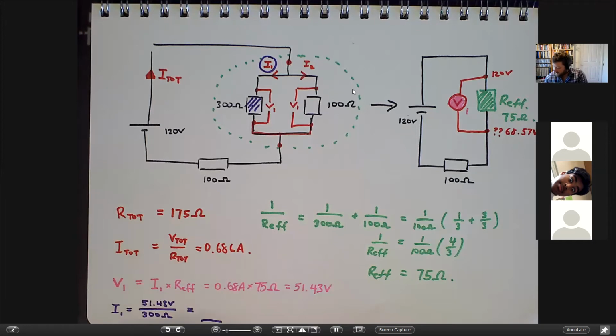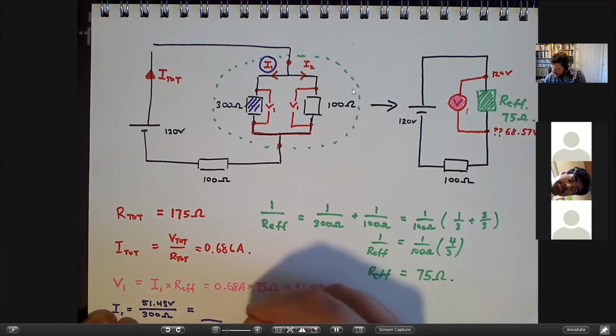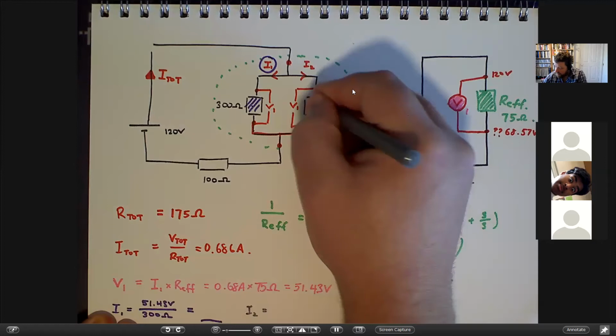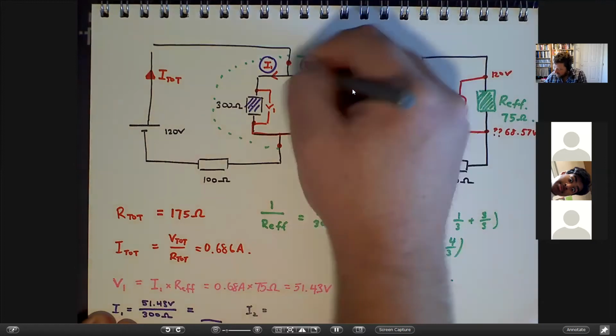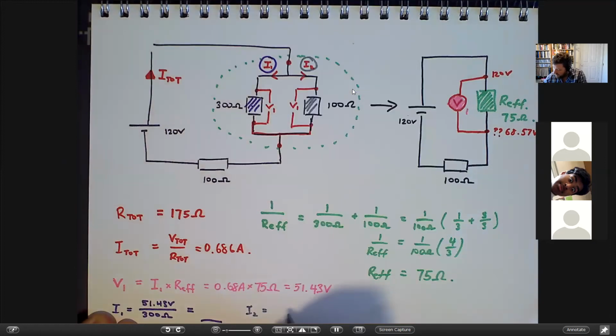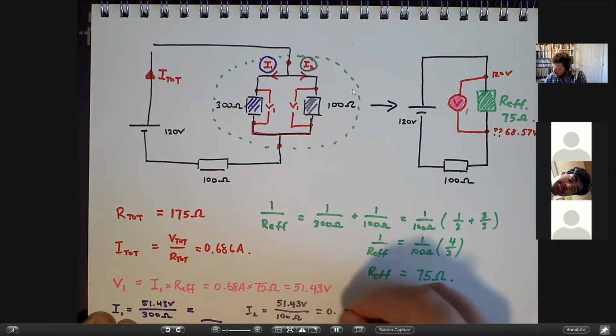And I2 is going to be in gray, and I2 is going to be that same voltage, because these two are in parallel, over 100 ohms. So that's going to be 0.514 amps.